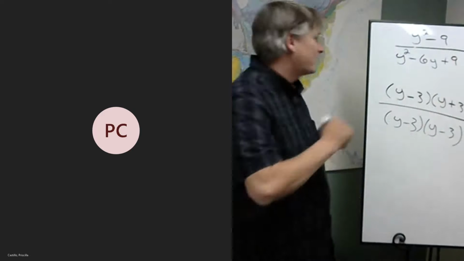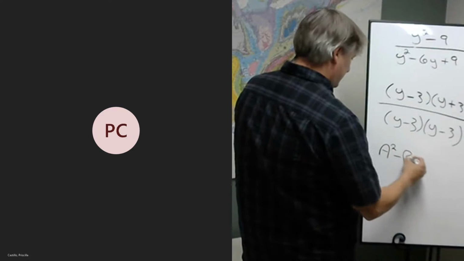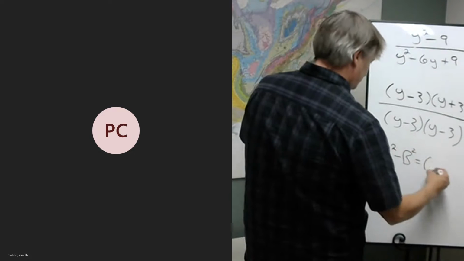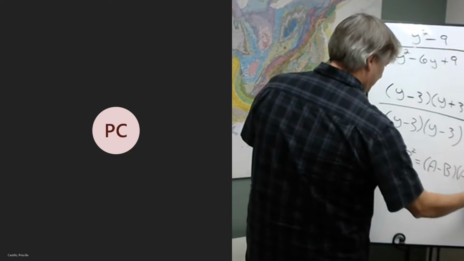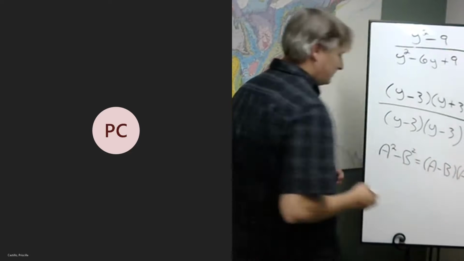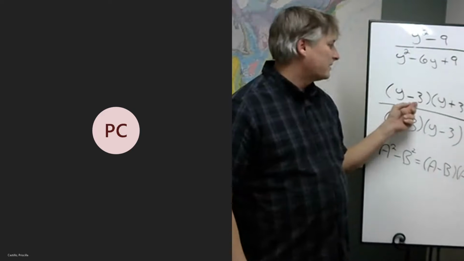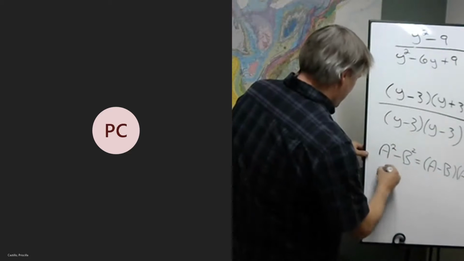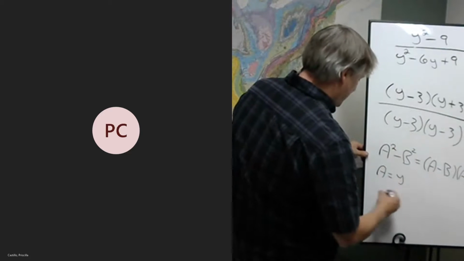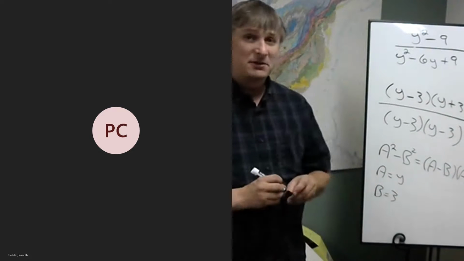And so we use the fact that a squared minus b squared is a minus b, a plus b. So that's how we're coming up with this factorization of y squared minus 9. Here, a is y, and b is 3.